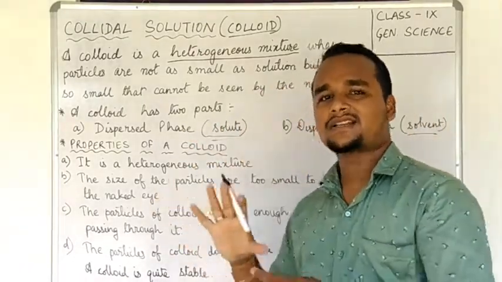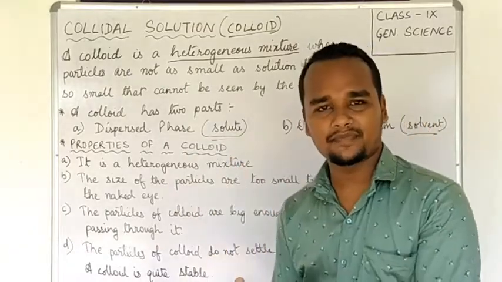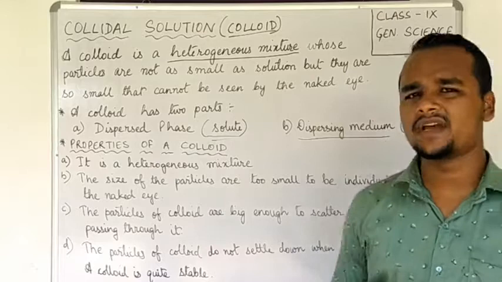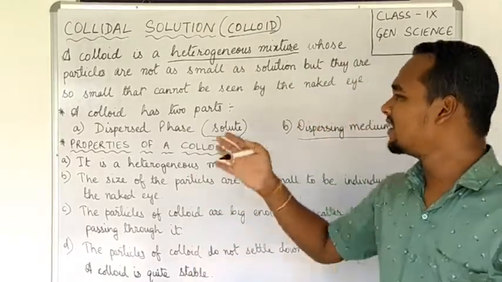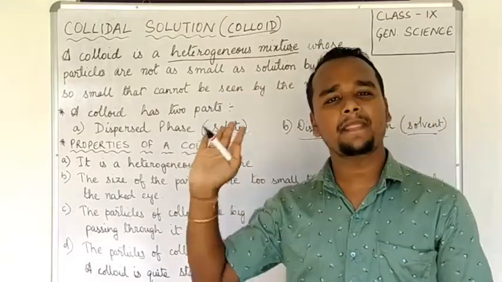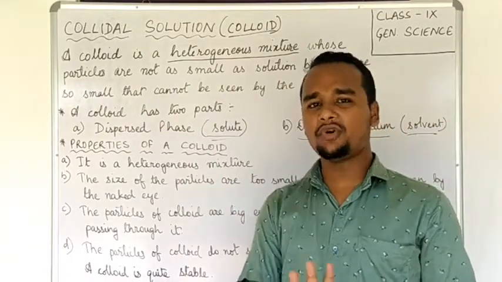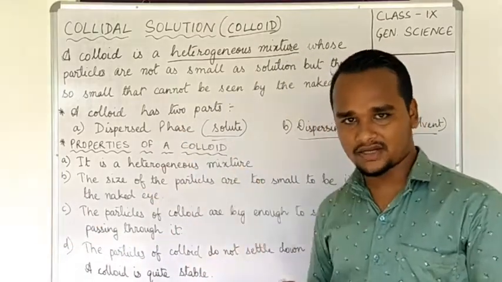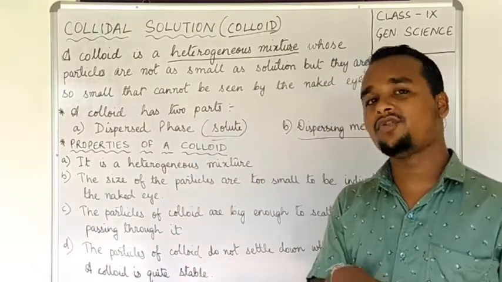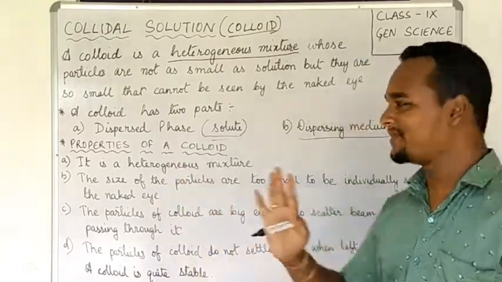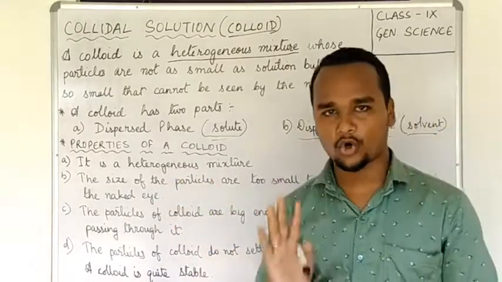The medium in which the dispersed phase is suspended is called the dispersing medium. In short, the solute which you studied in solution is called the dispersed phase in a colloid, and the solvent is called the dispersing medium.